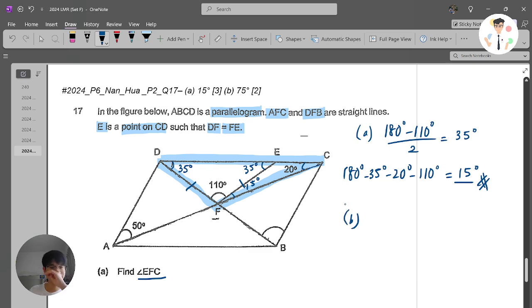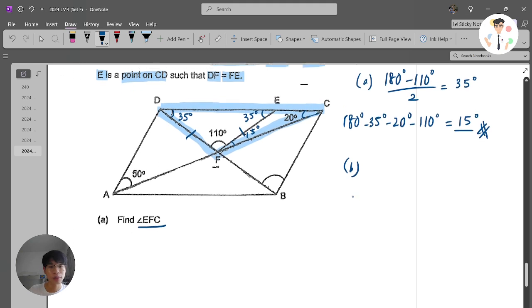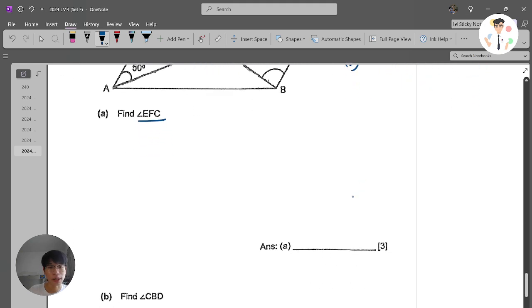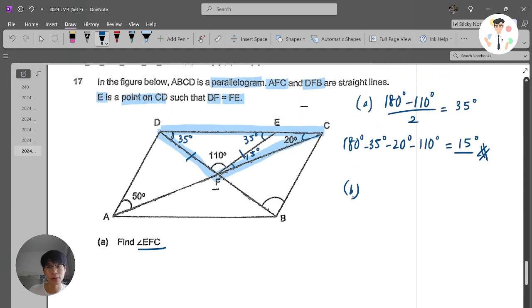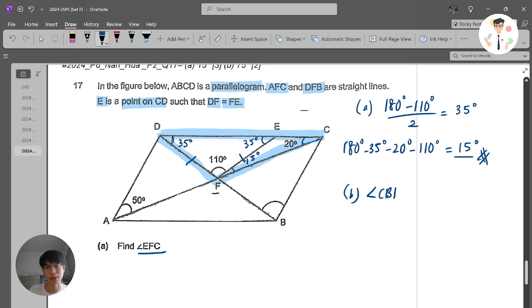Now, let's look at question B. Question B asks for angle CBD, which is this one. Because of the nature of the parallelogram, this is parallel, this is parallel.